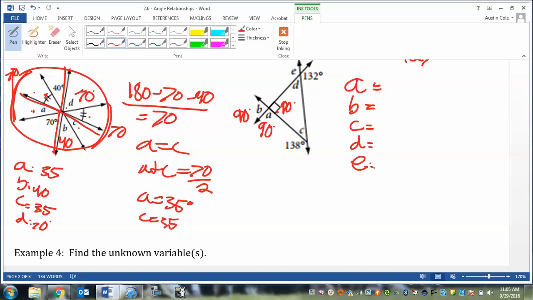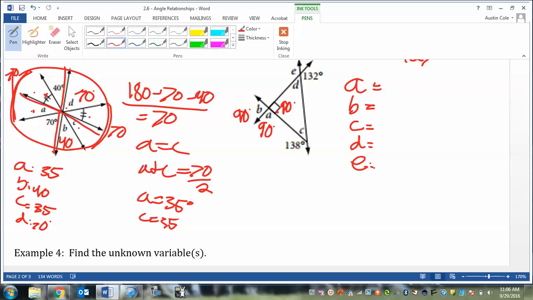These are vertical. Minus 130. And this is a straight line, so it has to be 180. And 48. What'd you get? 148? Not 148. These are vertical angles. But did you take how this is 90, the inside is 90, so this had to be 42, right?